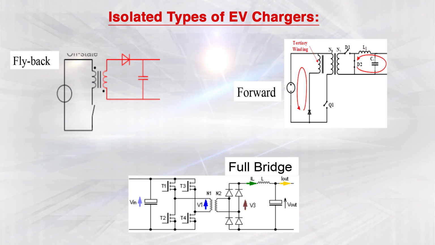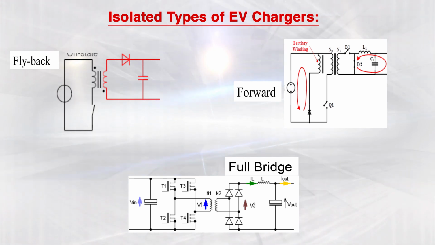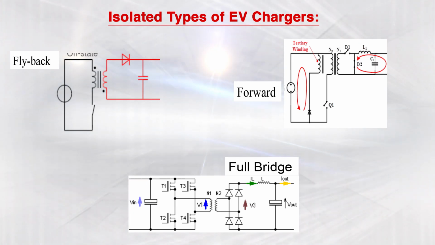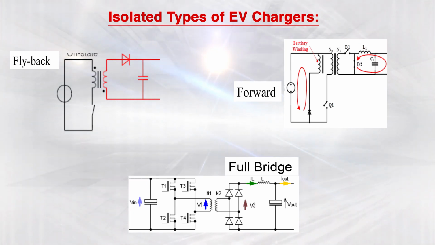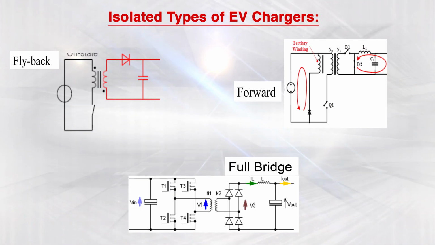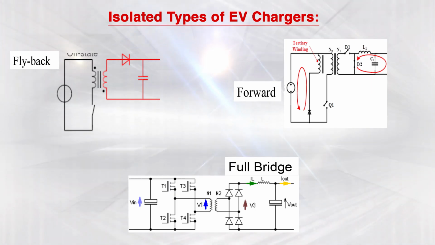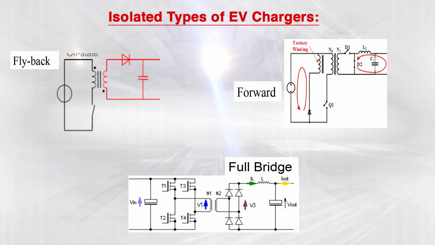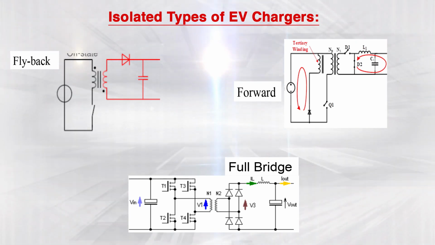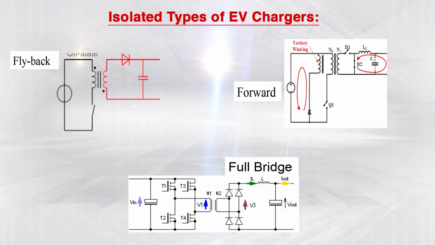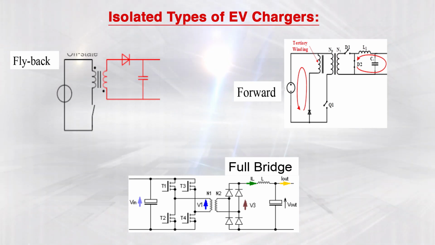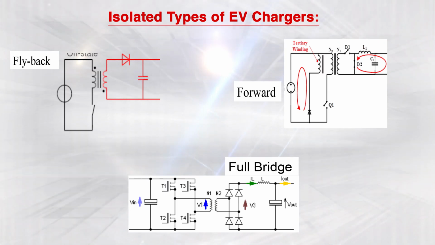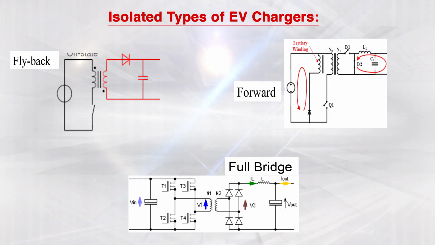This is a high frequency transformer, not a 50 hertz transformer, because here the switch is on at a very high switching frequency, and for this high switching frequency we have designed this inductor. As you increase the switching frequency, the size of the transformer will reduce, as the size of the transformer, or the value of inductance, is inversely proportional to the switching frequency.